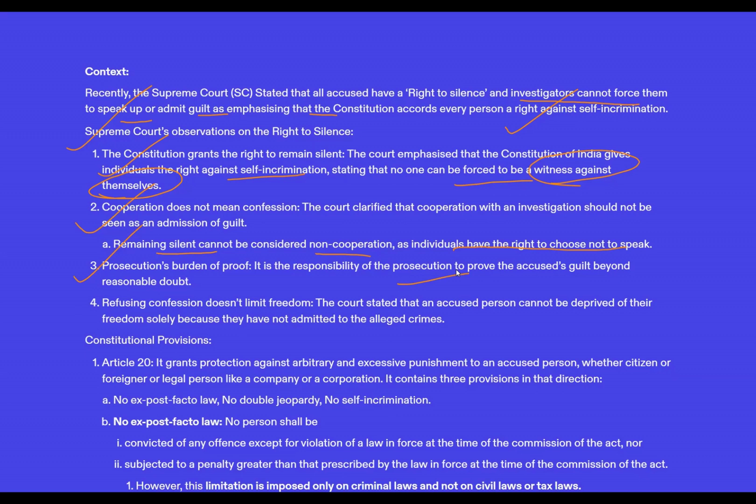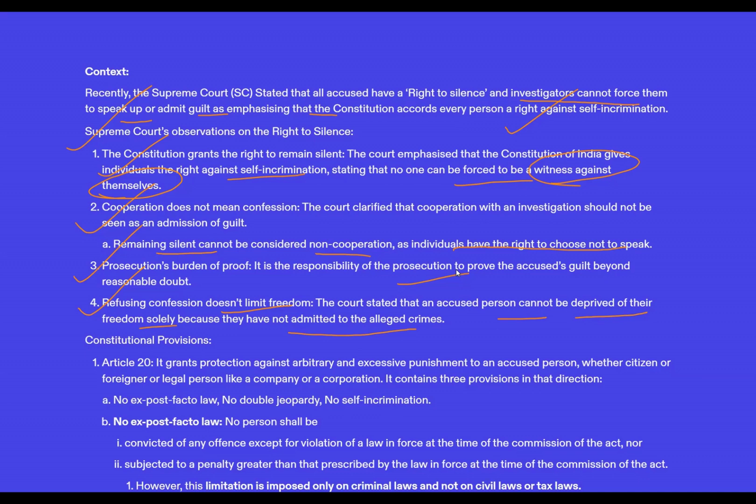Fourth observation was that refusing confession does not limit freedom. The court said that an accused person cannot be deprived of their freedom solely because they have not admitted to alleged crimes. That means if somebody has pleaded not guilty in the court or in front of the authorities and is not giving any evidence against themselves, then it cannot be held that the accused shall be deprived of his right to freedom.